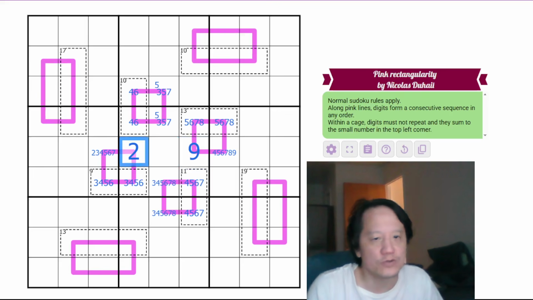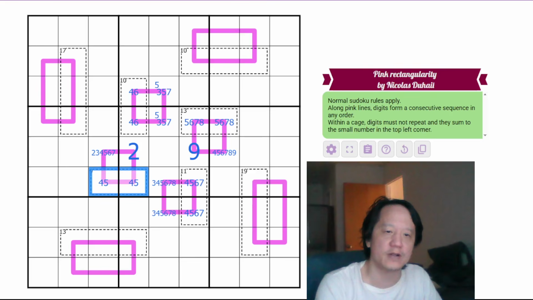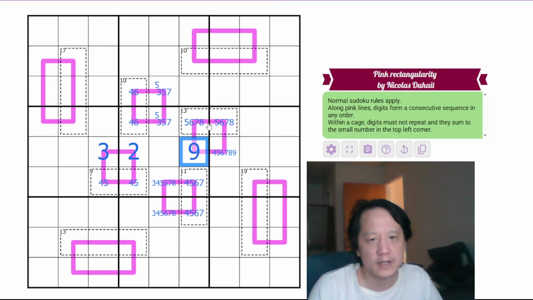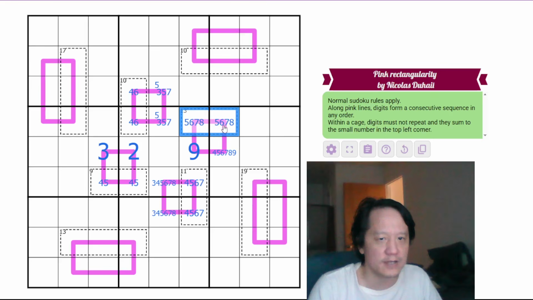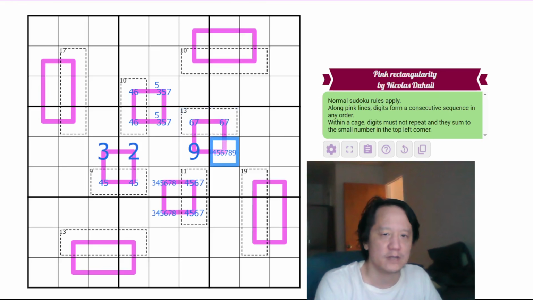So 2, to form a full Renban, must be 2, 3, 4, 5. So this cannot be 3 and 6, it's guaranteed to be a 4, 5 pair, and then this must be 3 to form a valid Renban. Same with 9. With 9, you cannot have 5 and 8 to form a 4-length Renban. It has to be 6 and 7, which forces this to be 8 here.